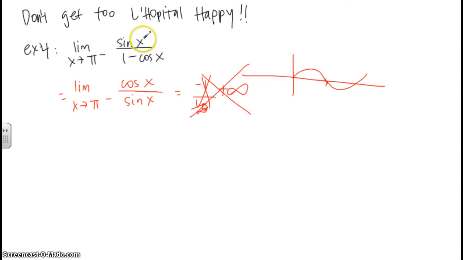We jumped to L'Hopital's rule way too quickly. Because what did we forget to do? We forgot to check to see if this was actually an indeterminate form. What is the sine of pi from the left-hand side? Well, this approaches 0. 1 minus cosine of pi is actually 1 minus negative 1, which is 2.